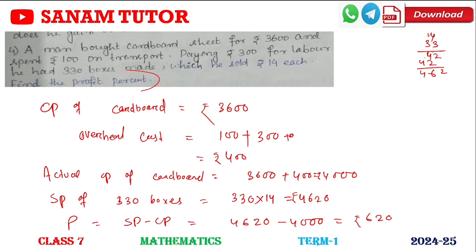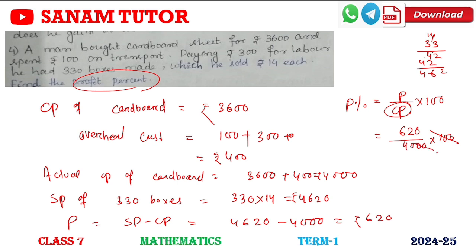But the question asks to find the profit percentage. So find out profit percentage equal to profit divided by CP into 100, because profit or loss is always calculated on CP. So put the value, that is 620 divided by 4000 into 100.